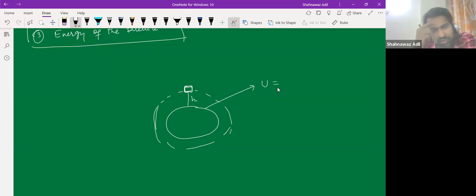Not the mgh. Yeah, mgh would be there, but that is the approximated case. What is the actual potential energy, that we have just now done?